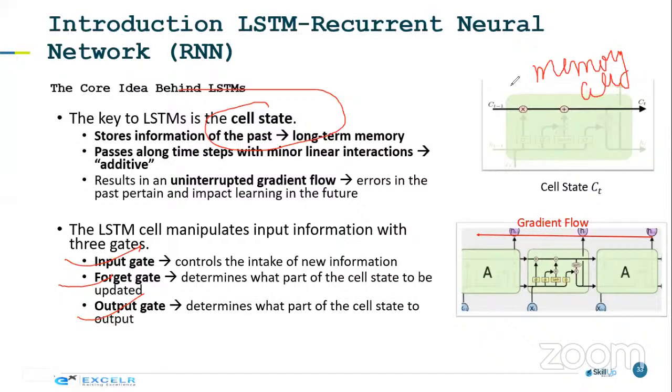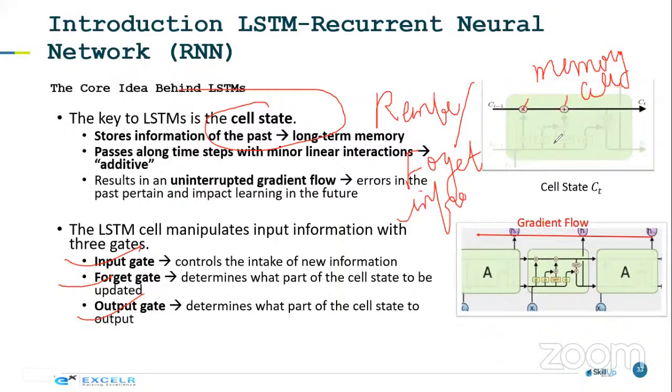What it does is store the information. There are 2 things it does: remember and forget the input. And it performs pointwise operations, one multiplication and one addition. I will show you what these operations are.